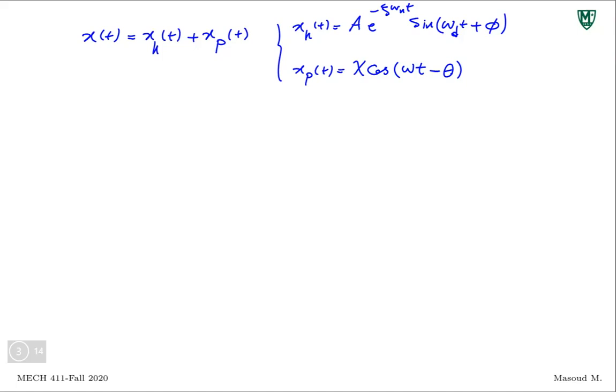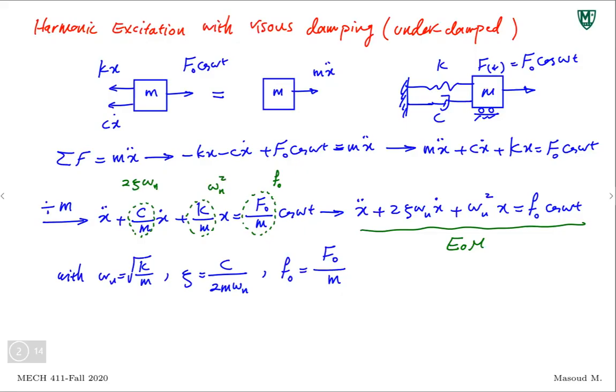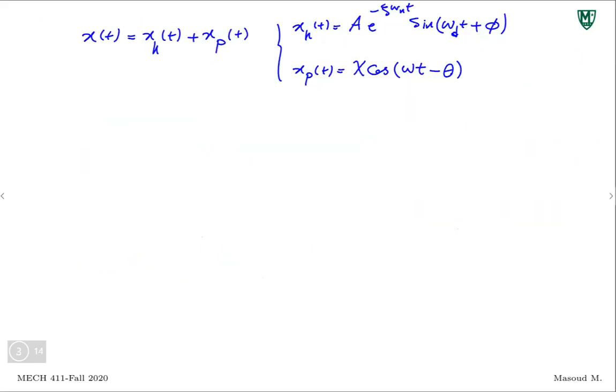So we're going to do exactly what we did before. To find X, you have to plug x p into the differential equation, right? The equation of motion that we got there, and you can find X from there. Once you have X, you can put all of them together and get the whole system response.